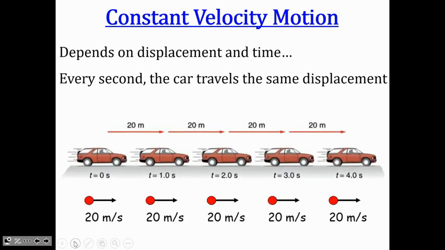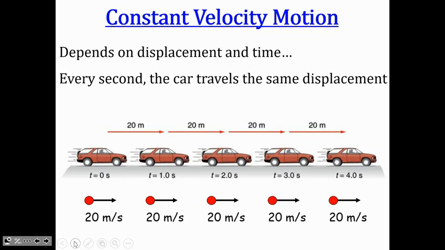It really depends on two key pieces of information: the car's displacement and time. If every second of the car's motion it travels the same displacement, in other words, it goes the same distance and in the same direction, then we can say that it's moving at a constant velocity.